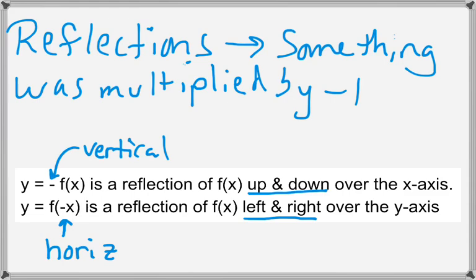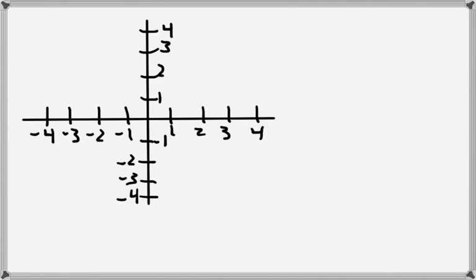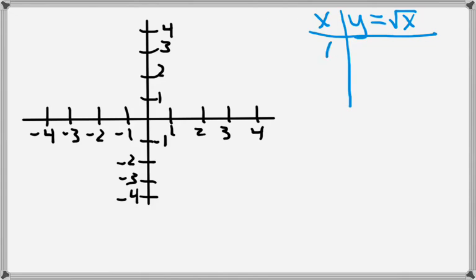So let's illustrate this with our basic square root function. We'll make a table of values here. For our basic square root function, we can't substitute in any negative values, so we'll start at 0, and then we'll just put in a couple of positive x values. I'm going to pick ones that will give us a nice output, so I'm not going to use 2 for x because that would give us a decimal.